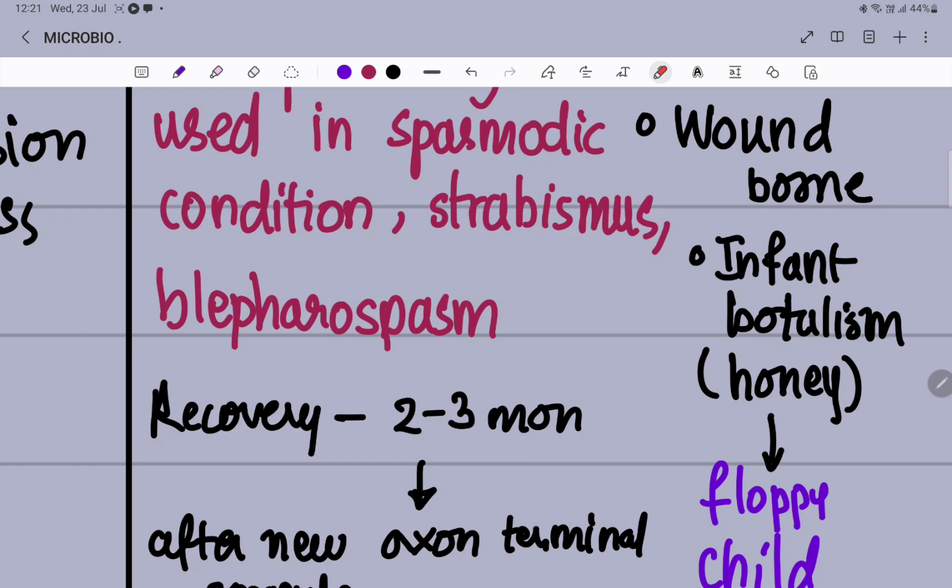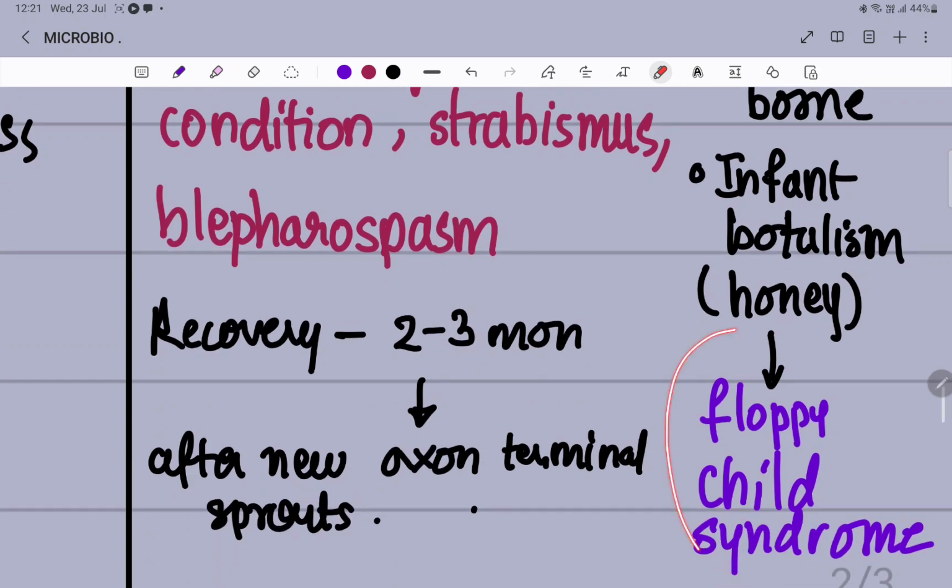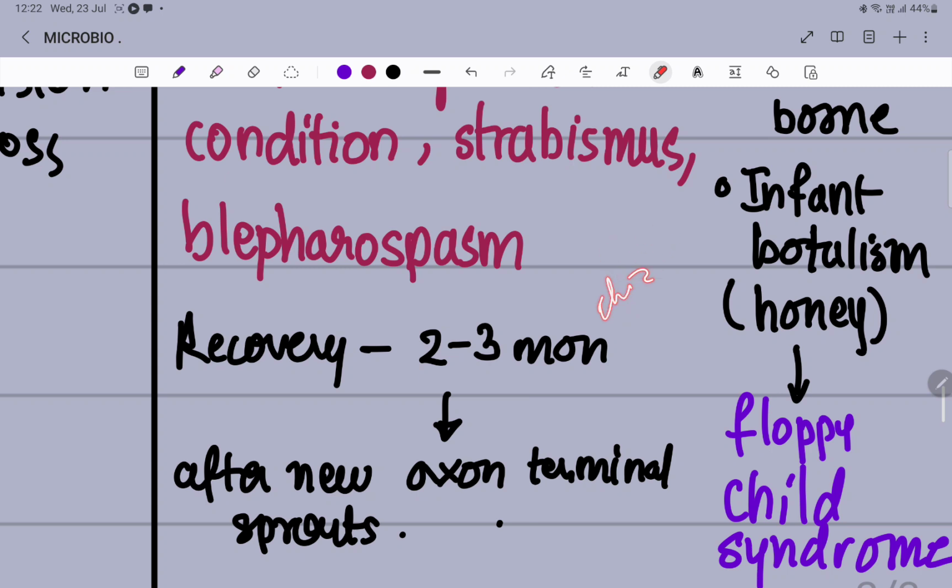The manifestation is floppy child syndrome, which is characterized by symptoms like inability to suck or swallow, weakness in voice, ptosis, and floppy neck. The name floppy child syndrome comes from the infant's floppy neck.